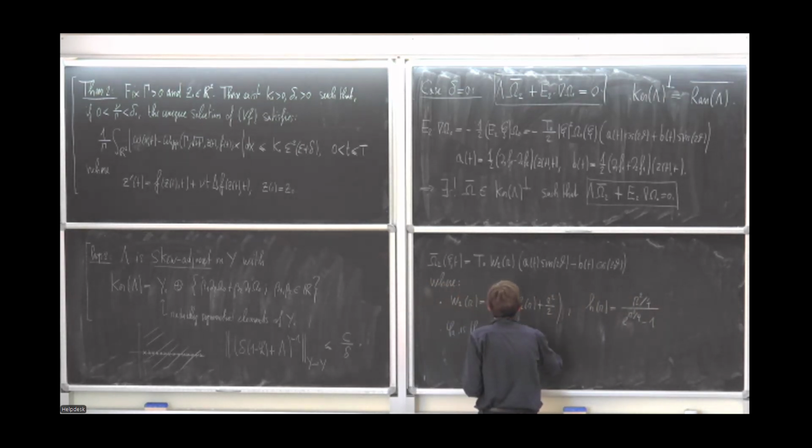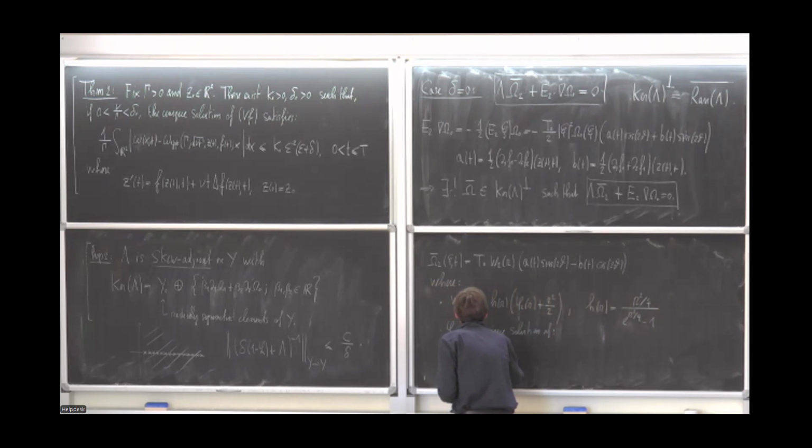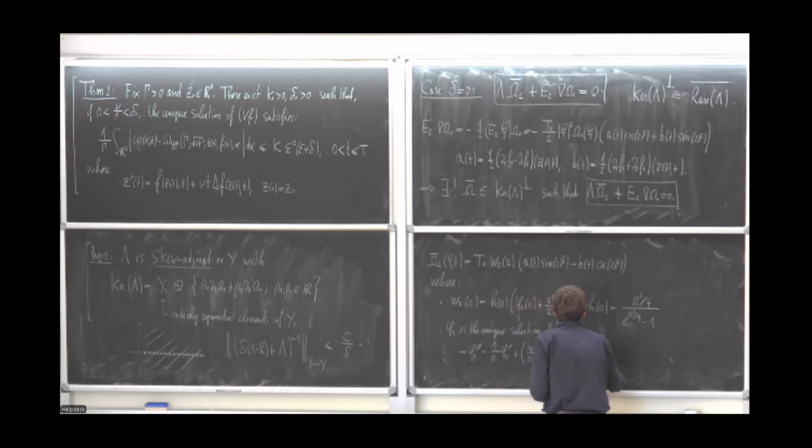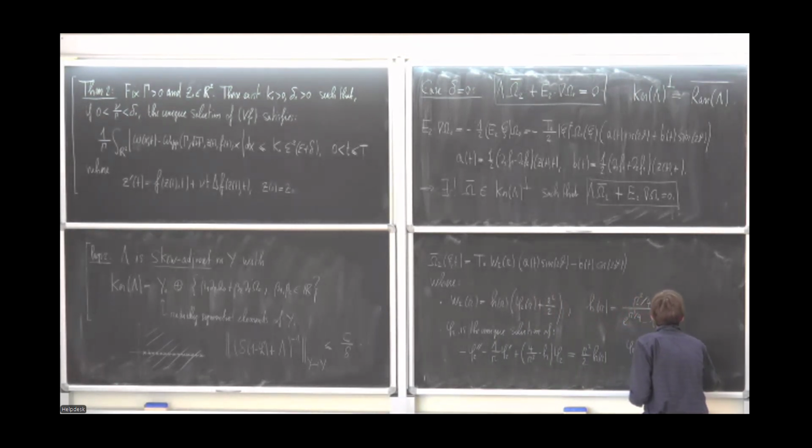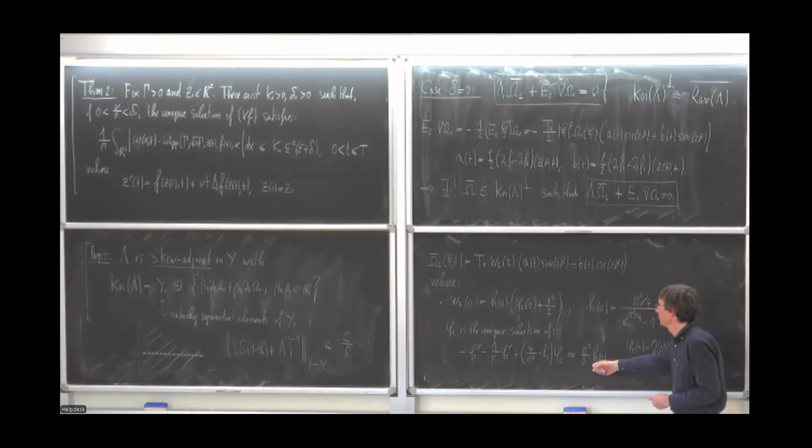It's the unique solution of the differential equation minus phi 2 second minus 1 over R phi 2 prime plus 4 over R squared minus 8 phi 2 is equal to R squared over 2 H of R. And this is the unique solution such that phi 2 of R is order of R squared as R goes to 0, and phi 2 of R is order of R to the minus 2 as R goes to infinity. Okay? So this equation has a unique solution.